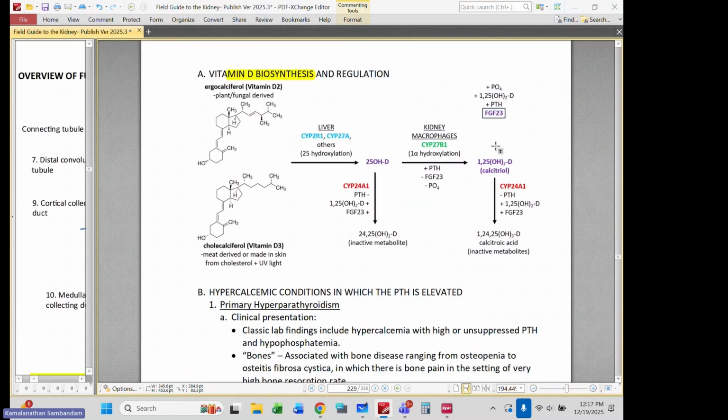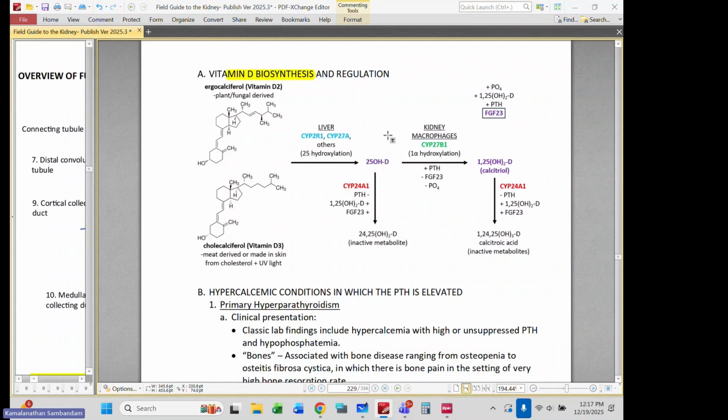But if in this CKD patient, their calcitriol level is high normal unexpectedly, that might give you a clue that this is more of a primary hyperpara as opposed to a tertiary hyperparathyroidism. Again, that's not a perfect test, but might give you some clues. So this would be a contextual data point that you might use in making a final diagnosis.